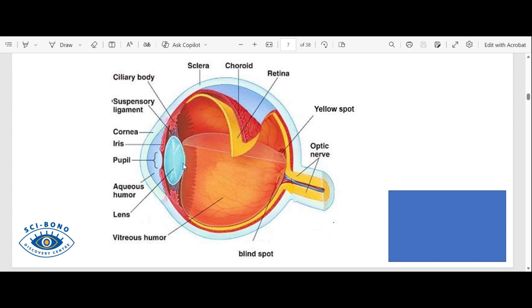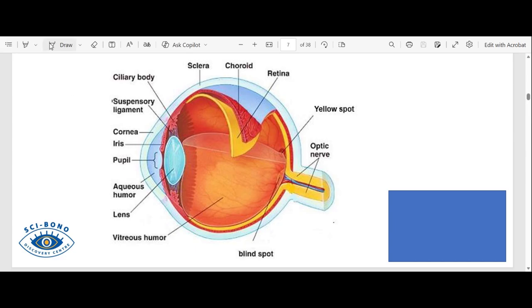So you can see it's biconvex. Why is it biconvex? Because it refracts light. It assists in the refraction of light. So something that's convex or biconvex, it will refract light inwards. Does that make sense?